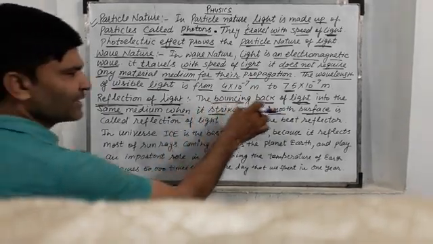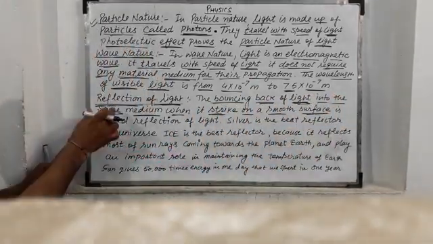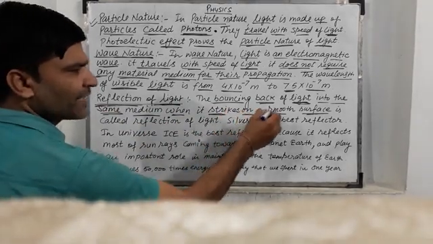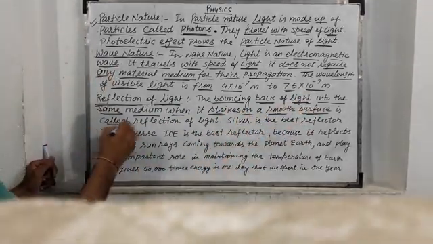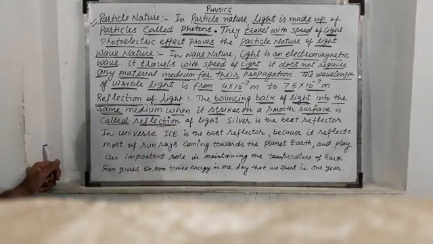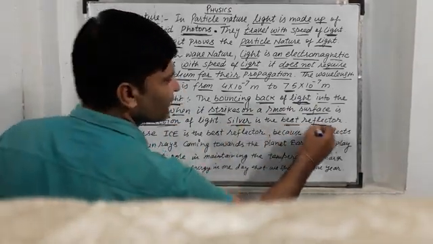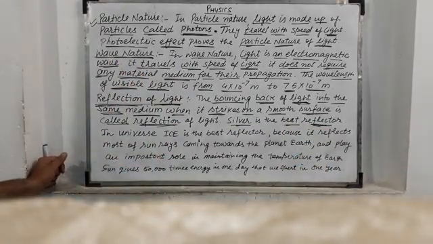The bouncing back of light into the same medium when it strikes on a smooth surface is called reflection. Silver is the best reflector, so we use it in mirrors.